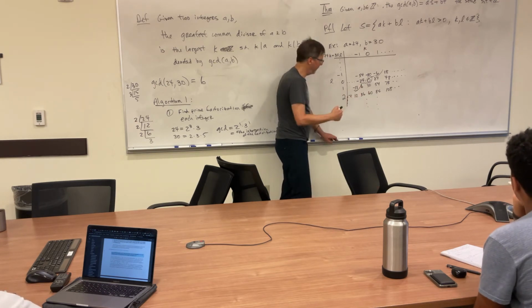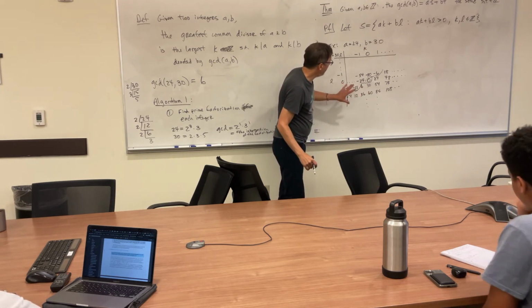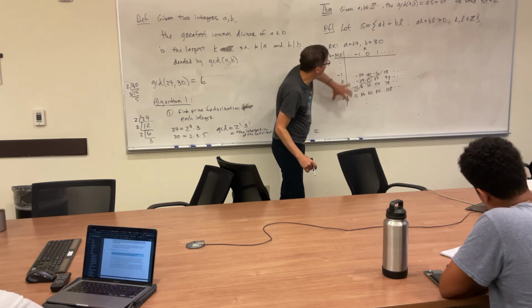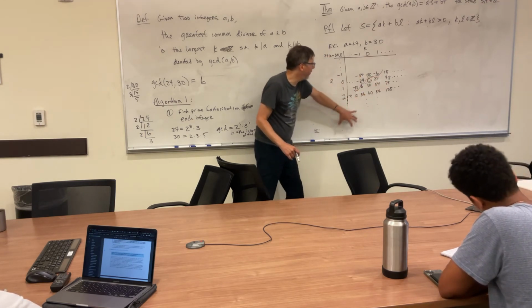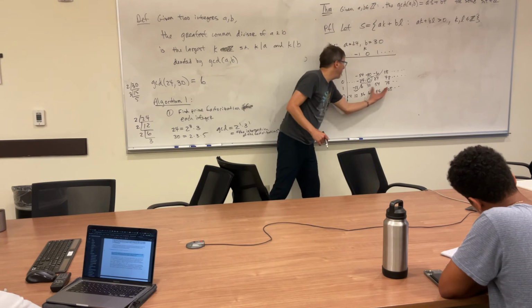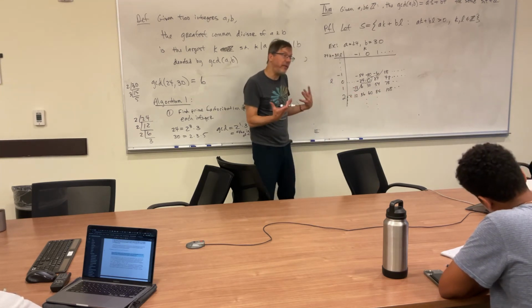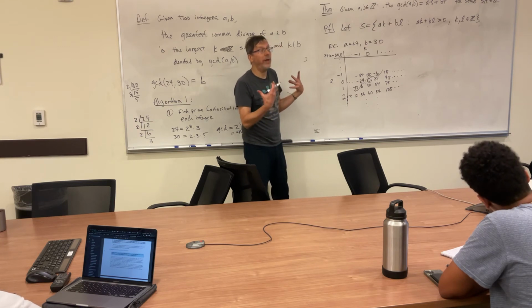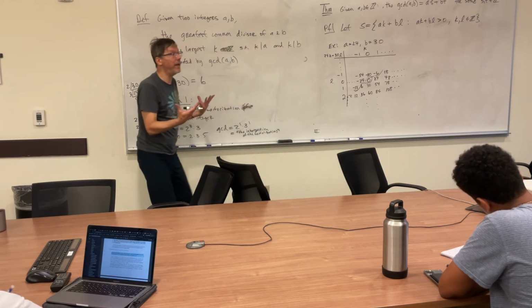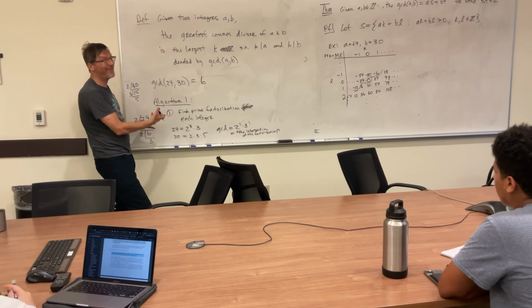So check it out. Right now, I'm getting a sense of what that set S looks like. I've seen a lot of big numbers, and I'm noting that the smallest one I see so far is 6, which just so happens to be the GCD.